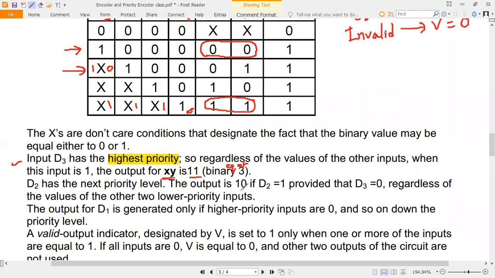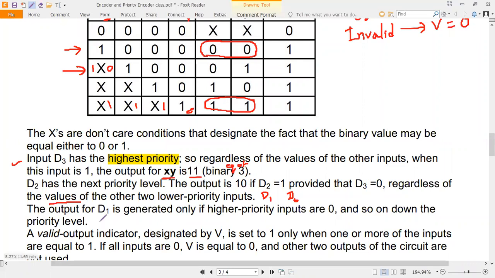The output is 1, 0 if D2 is equal to 1, provided that D3 equal to 0. In this case, regardless of the values of the two lower priority inputs, D1 and D0, if D2 equal to 1, you are going to get the output as 1, 0.